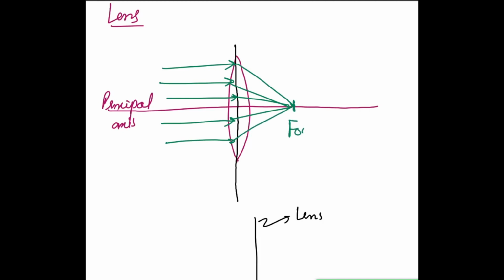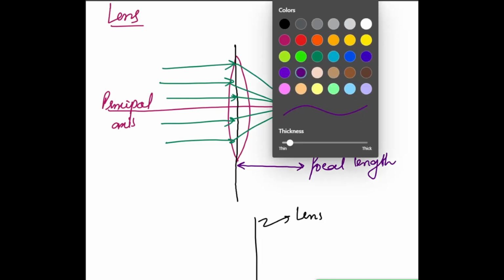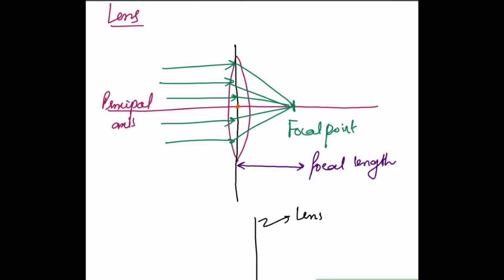This point will be known as the focal point. The length from the lens center to the focal point will be known as the focal length. And this one special point, where the lens crosses the principal axis, is known as the optical center.